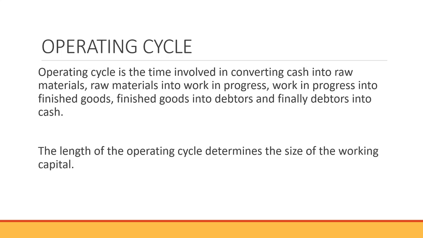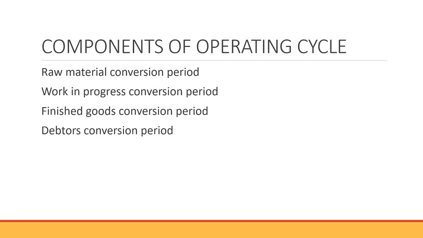In case of working capital, there are various components. These components are the inventory conversion period and the debtors conversion period. When we speak about the inventory conversion period, we have different inventories like the raw material inventory, work in progress inventory, and finished goods inventory. So, inventory conversion period is equal to raw material conversion period plus work in progress conversion period plus finished goods conversion period.